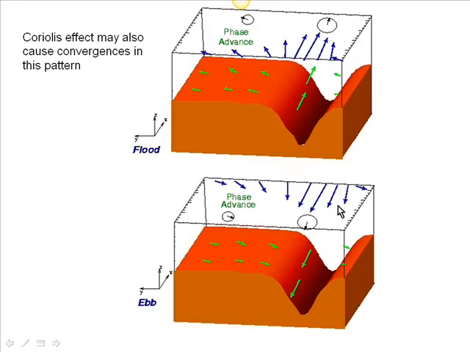And then here, as it's deflected to the right, it's going to go away toward the middle of the channel. And here, as it's trying to go in, it's going to be deflected away from the channel, so you'll have a divergence here during ebb. Does that make sense?